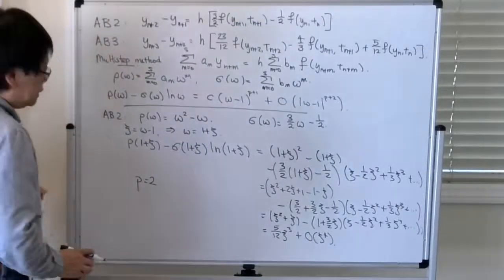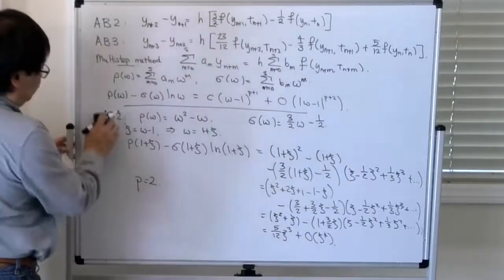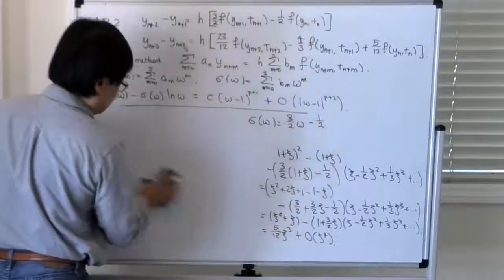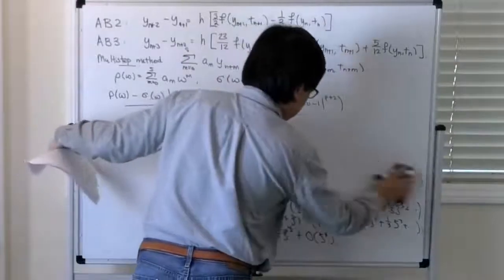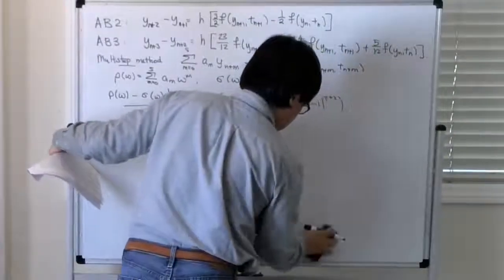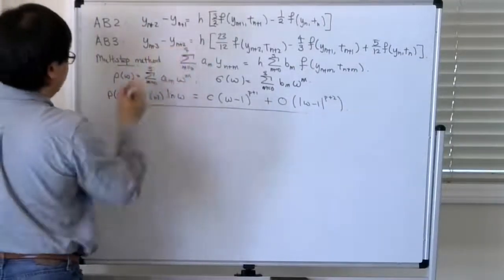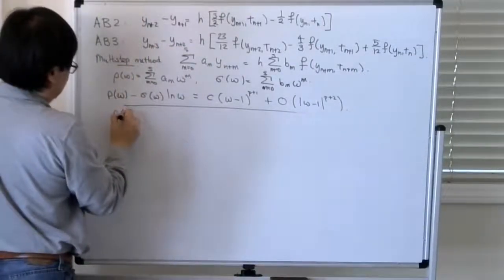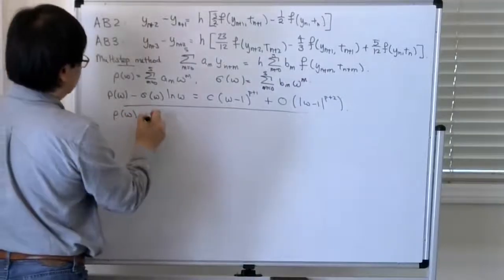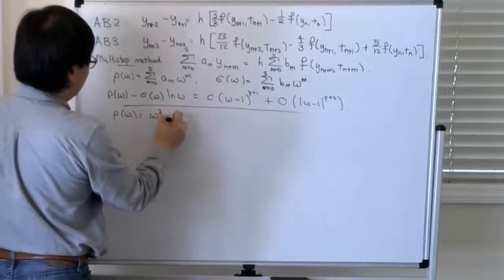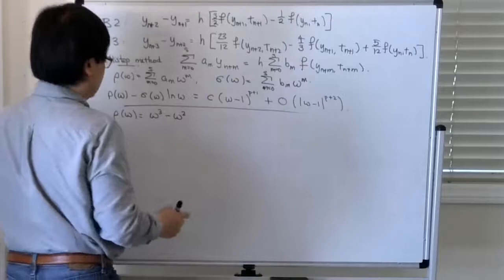So let's see what happens with Adams-Bashforth 3. Again, you read off what the rho is. Rho of w is w cubed minus w squared.